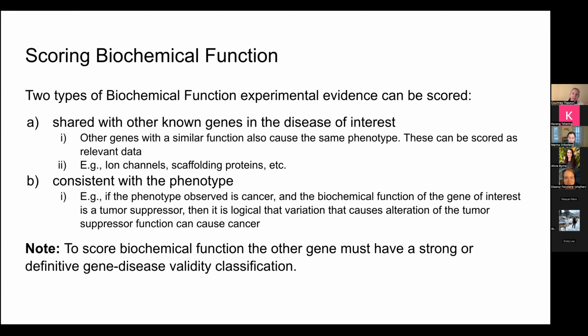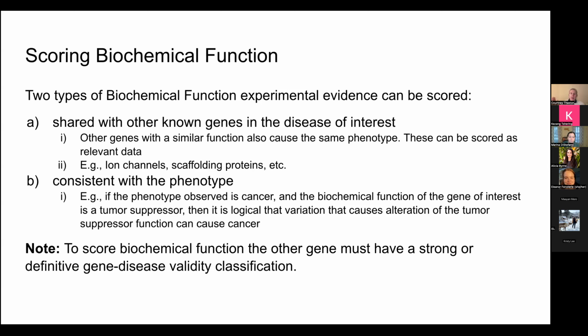The second biochemical function, B, is that you have a function consistent with the phenotype. So an example here may be if your phenotype you observed is cancer and the biological function of your gene of interest is a tumor suppressor, then it is logical that variation within that gene can alter the tumor suppressor function, thus causing cancer. So it's one of those kind of logics about what the function is of that protein product and how that would play a role in the development of that disease.